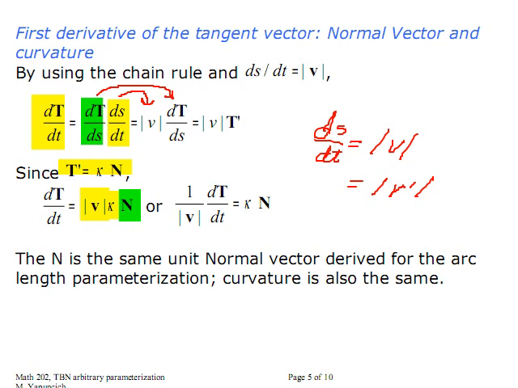And this is the same unit normal that was derived for the arc length parameterization. And we can use this expression to find the curvature when we actually do some work with real curves.